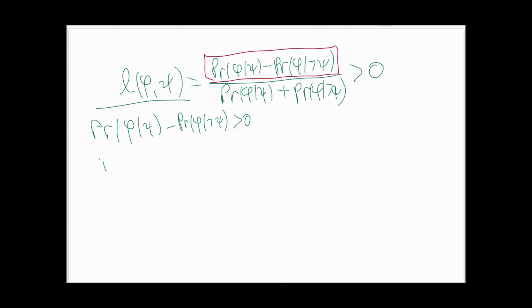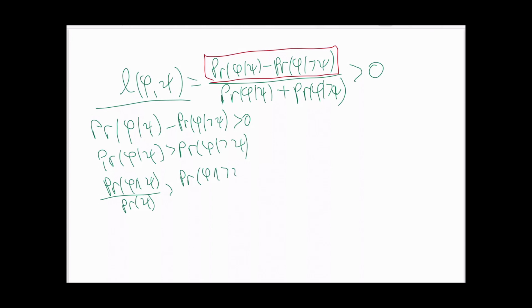Now that means the probability of phi given psi is greater than the probability of phi given not psi. And now using the definition of conditional probability, this means that the probability of phi and psi divided by the probability of psi is greater than the probability of phi and not psi divided by the probability of not psi.